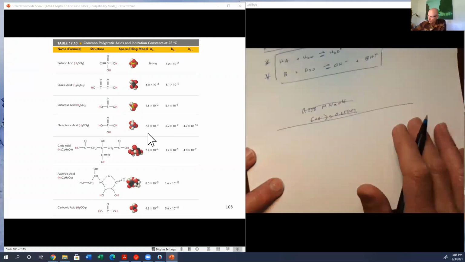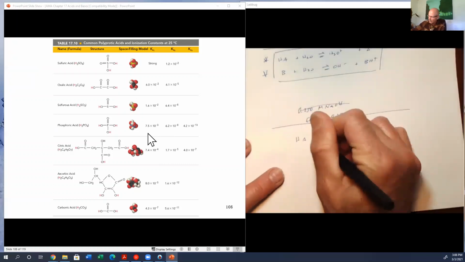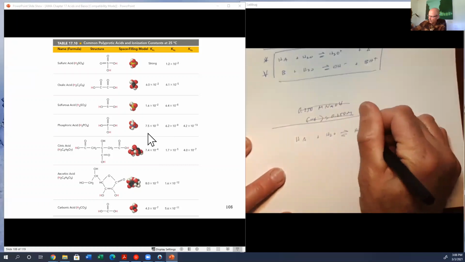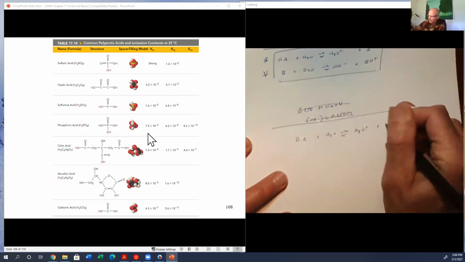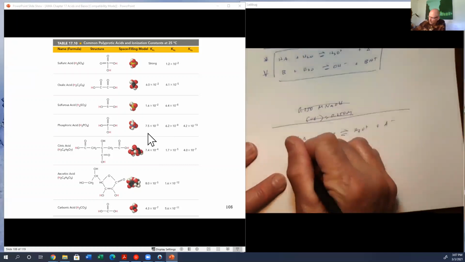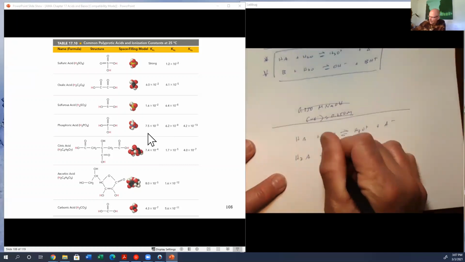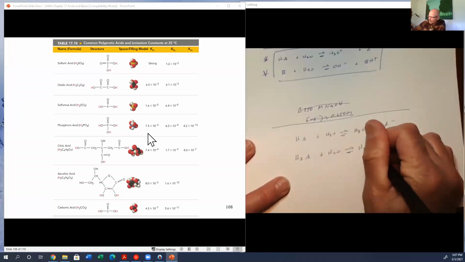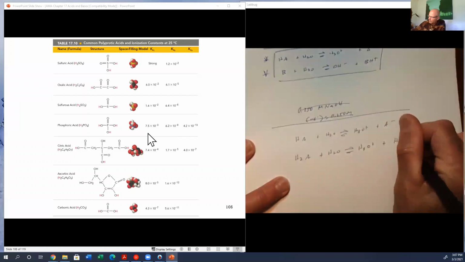So a normal acid, HA, we know the equilibrium expression for it. A polyprotic acid would be something like H2A. And polyprotic acids usually ionize in 2 steps.